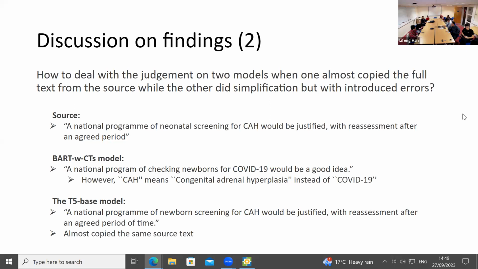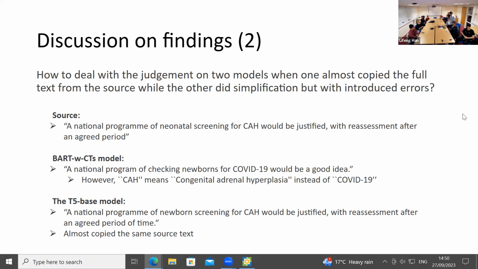No. Okay. So BART is trying to expand it, but it's replacing it with a wrong term. What we want to say is BART made an effort to do simplification for CAH, but it's simply wrong, turning it into COVID-19. But it didn't make an effort to simplify the sentence. However, T5 copied the sentence, just adding "of time" at the end after "agreed period".